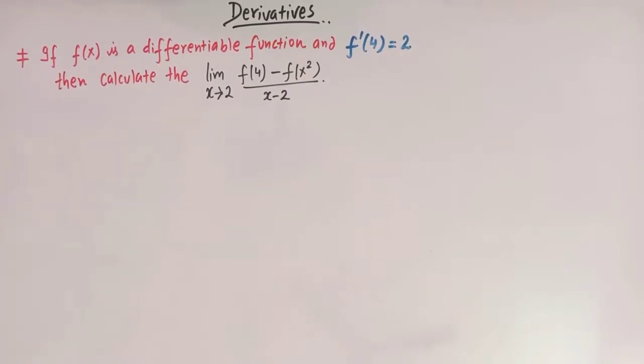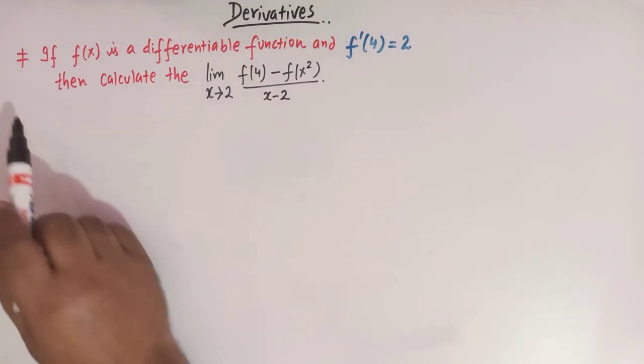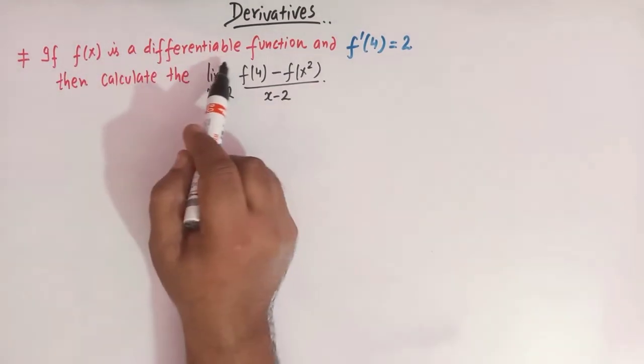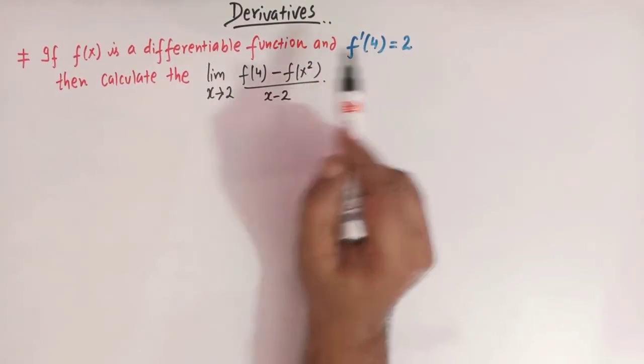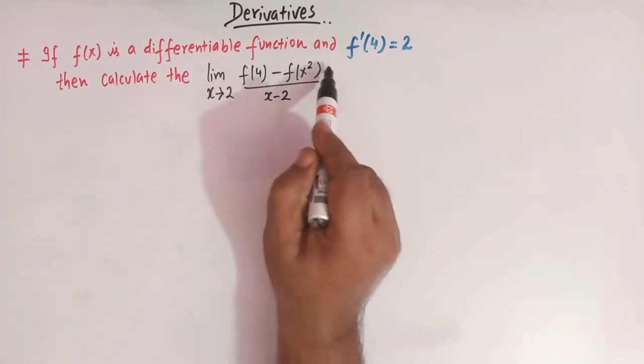Hello viewers, in today's class we are going to discuss one important problem from derivatives. We are given that f of x is a differentiable function and f prime of 4 is equal to 2, and we have to calculate this limit.